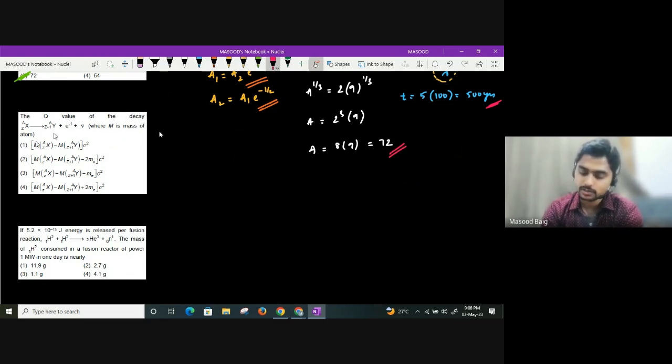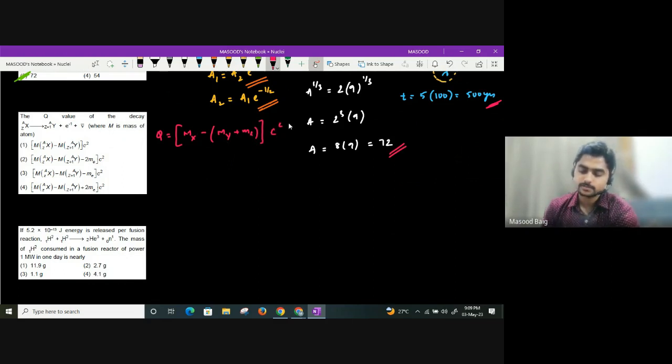So how do we represent Q value here? What is the mass of the reactants here? If you take the mass of X as m, minus the mass of the product, m of Y, also you have the electron. Into what will you write?